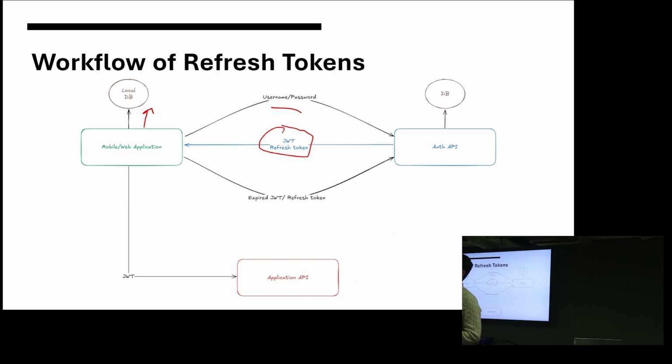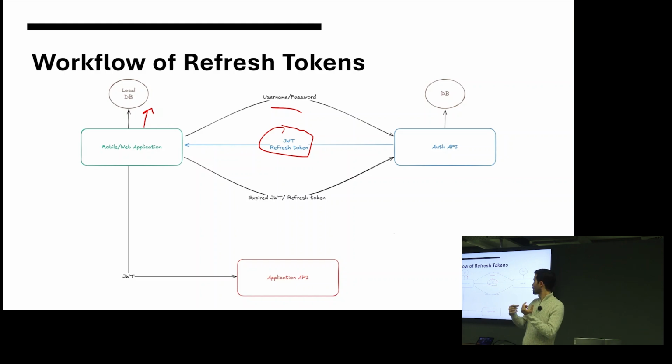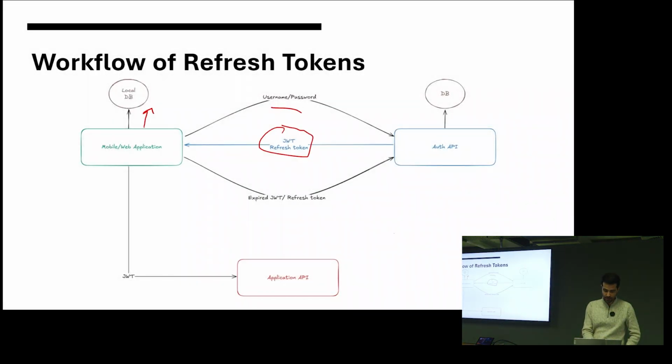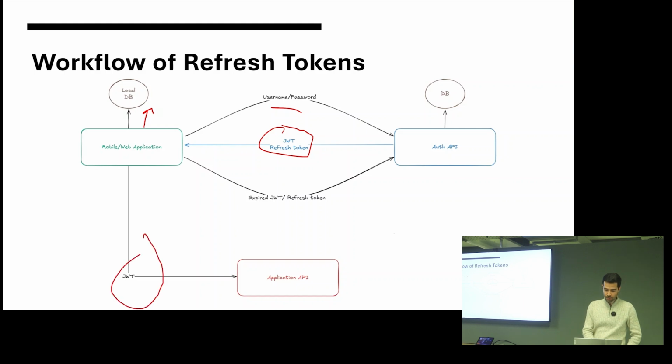And what are the options? How can we store it safely on the client side? The thing is, when your authentication service generates the JWT, each time you send a request here, you are sending the JWT token with your request.